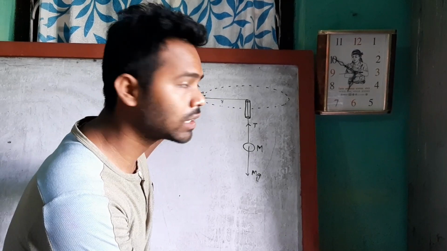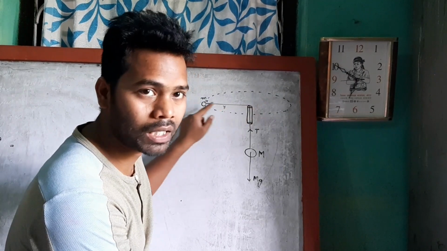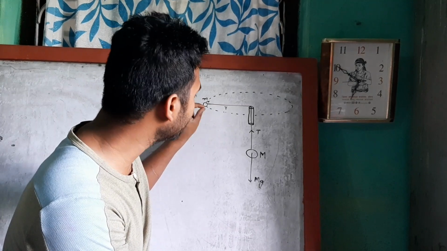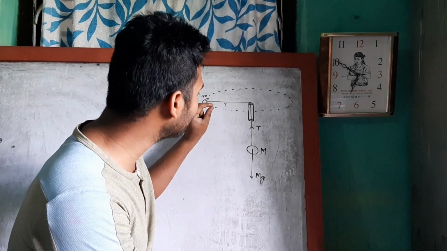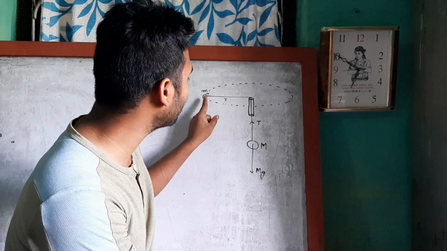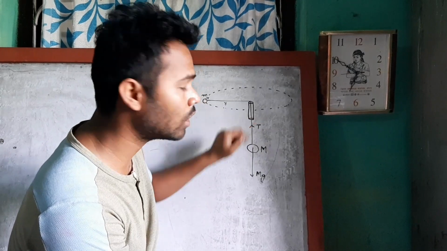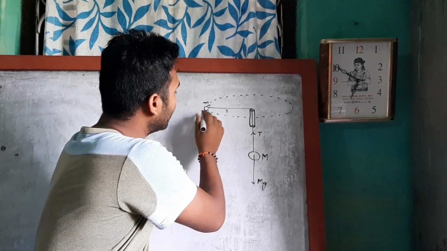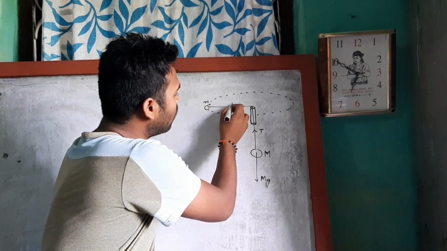Now let's come to this smaller body. This smaller body moves in a circular path, and we also know that for anybody to be in a circular path, there must be a centripetal force acting, some external thing which applies force towards the center of the circular path, and that centripetal force is provided by this string in the form of tension.